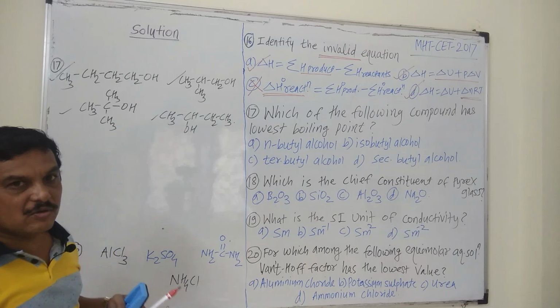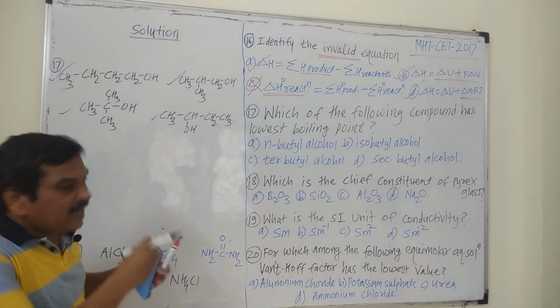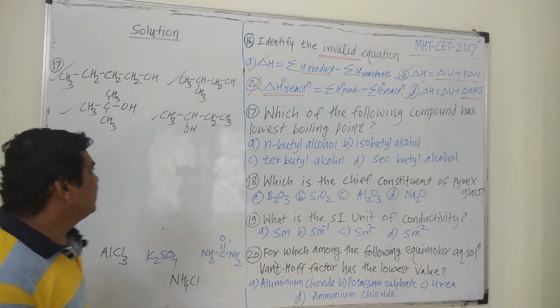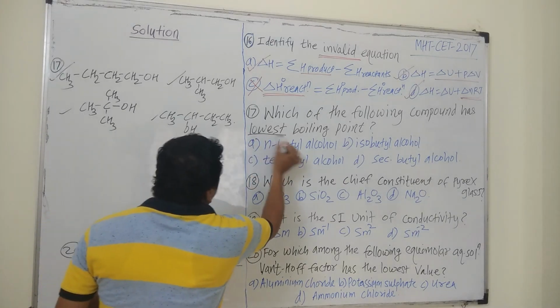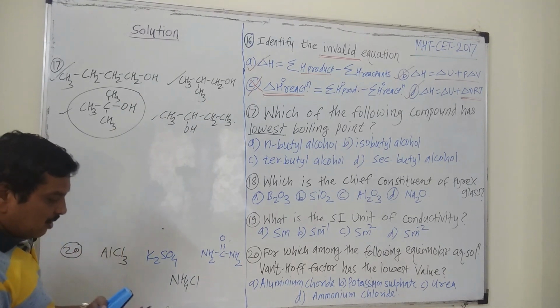For this, we must know the formulae or the representation of these organic compounds. As the branching increases, boiling point decreases. Hence, if the lowest is asked, this is the correct answer, because it has more branching.